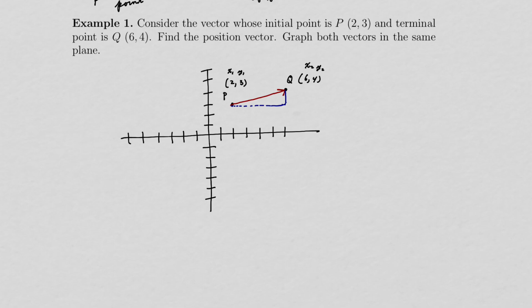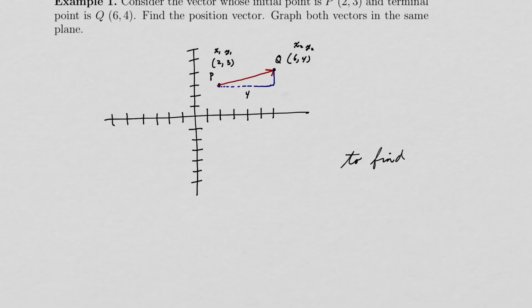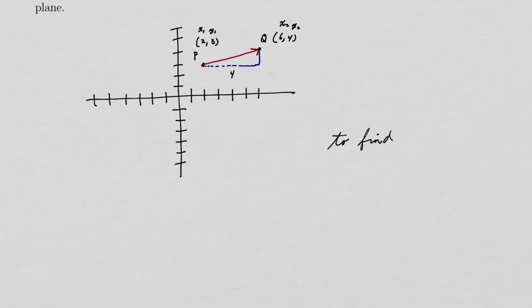And you can figure it out by computing x2 minus x1, right? So let me write that here. To find components, for the x component, I can calculate x2 minus x1.